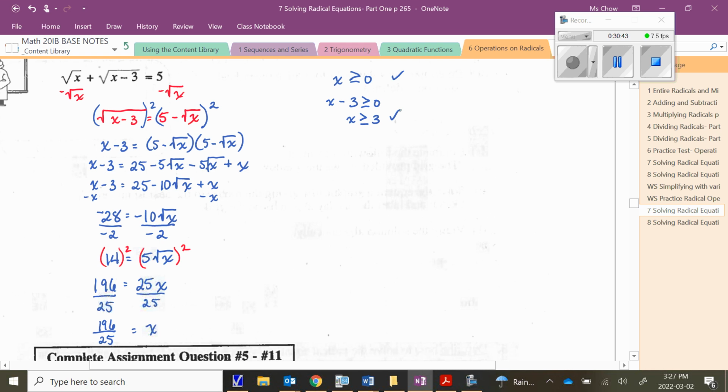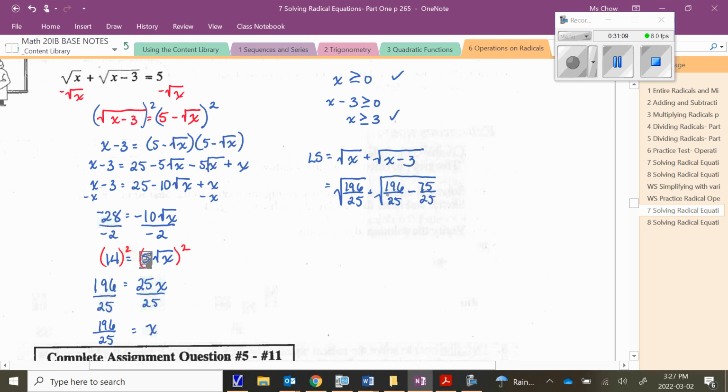Let's do our left side, right side check. So we're going to go back to the original equation. So root x plus root of x minus 3. So the square root of 196 over 25 plus the square root of 196 over 25, and I know I need a common denominator, so minus 75 over 25.